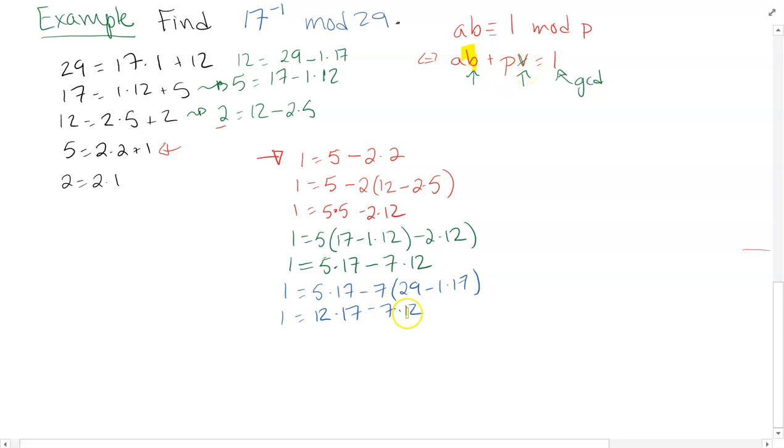Oops, I actually miswrote: this should not be 12, that should be 29. But you can see the modulus is here and my original number is here, so 12 is actually the multiplicative inverse of 17. To answer the question at last, 17 inverse mod 29 is congruent to 12 mod 29. That completes the problem.